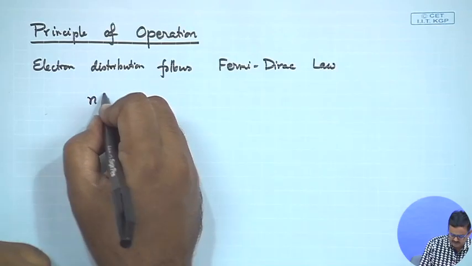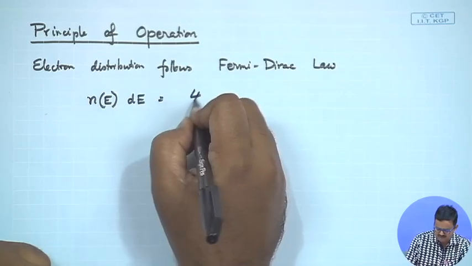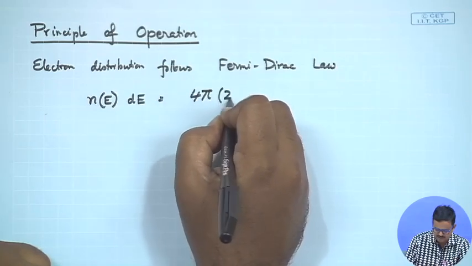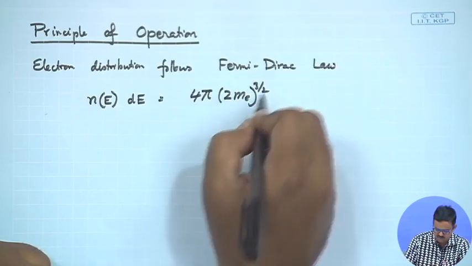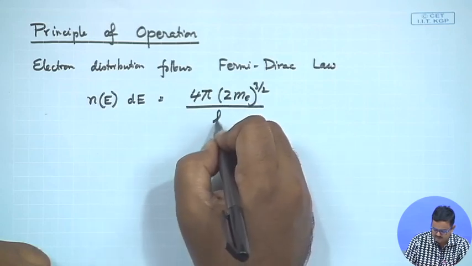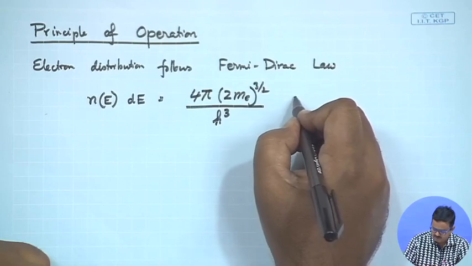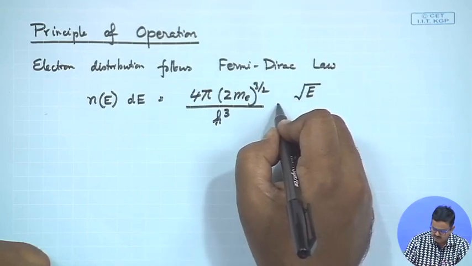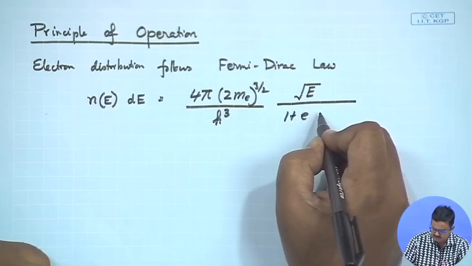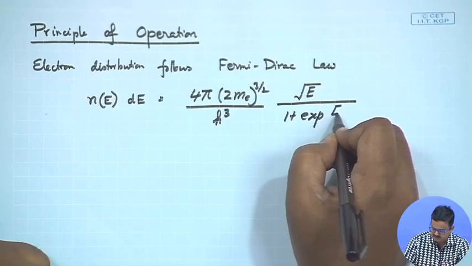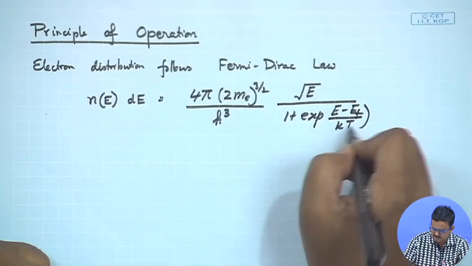So, if I write it in this manner, Ne, which is the distribution, is a complicated expression, but that is okay. We have the mass of an electron to the power 3 by 2. For some of you it may be familiar from your physics, if you have a physics background. So, this times root over E, which is the energy level, divided by 1 plus exponential of (E minus Ef) divided by kT.